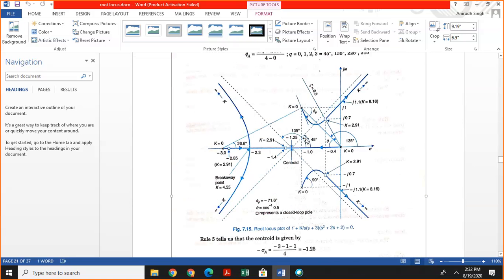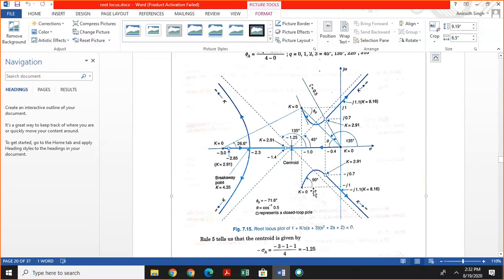Similarly, the angle of departure in this case is 71.6, not 90.